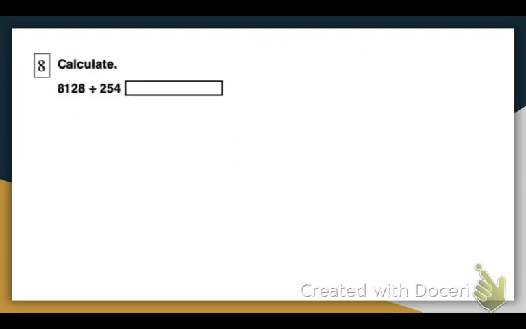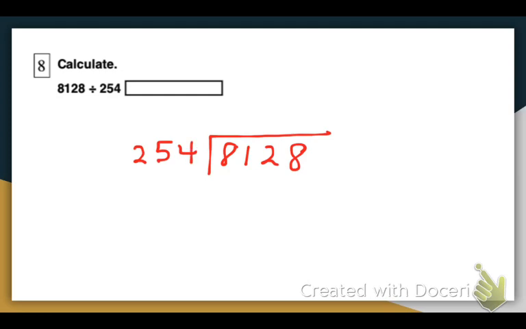Alright, number 8. Calculate. Okay, division. So, got 8,128, and I'm dividing by 254.